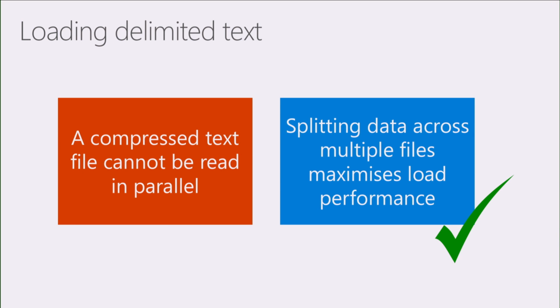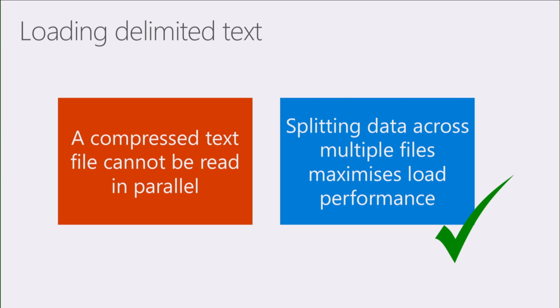Now, there are some gotchas when loading data, which may mean that you don't necessarily see the performance that you were initially expecting. One of those is if your data is in compressed text. If you think about a compressed text file, we cannot send multiple readers in parallel to read it. So what will happen is that the compressed text file will be read by a single reader.